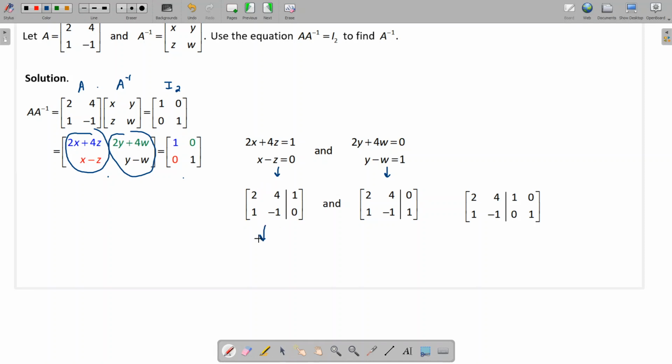The goal would be to turn that coefficient matrix into the identity matrix and then get something over here. But the operations we use to turn this into this are going to be the same in both cases. So what that means is, rather than solving them separately, we could augment them together, meaning take this and just slap it on right here and solve this augmented matrix.